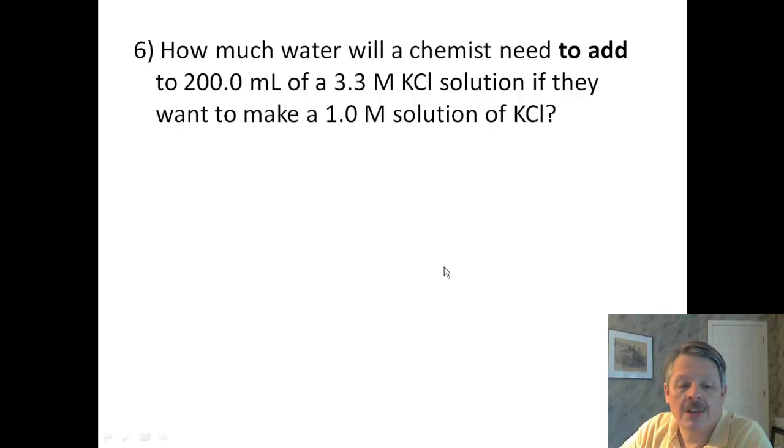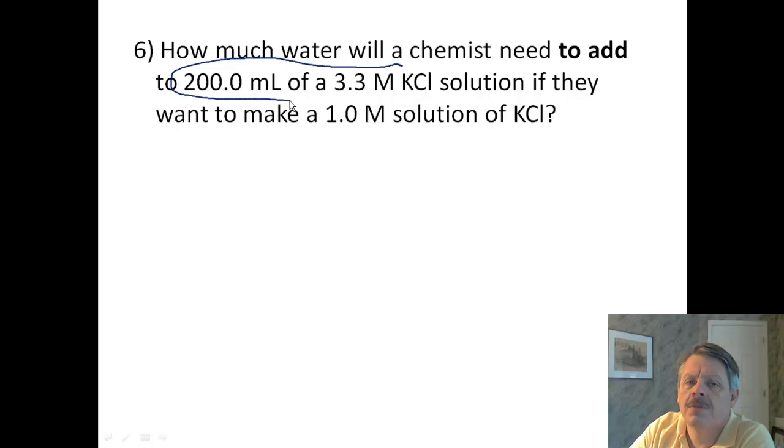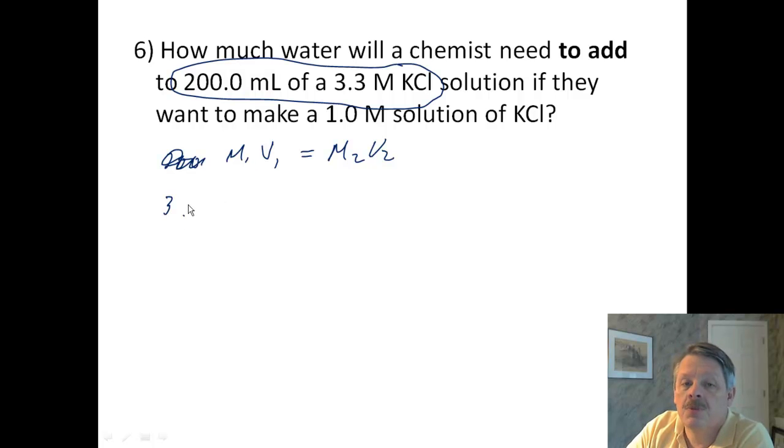This is the last one, I think. How much water will a chemist need to add? Ooh, this is going to be a little bit tricky, so we have to think about this. We have 200 milliliters. M1V1 equals M2V2. Our initial molarity is 3.3. Our initial volume is 200 milliliters.